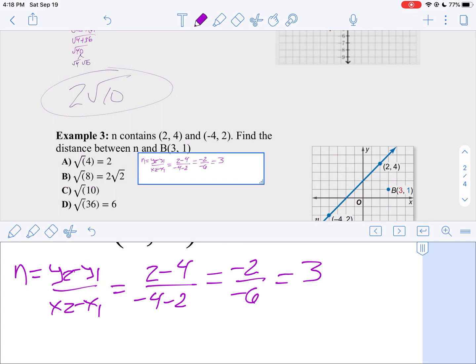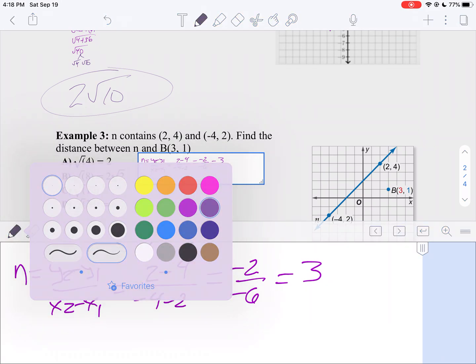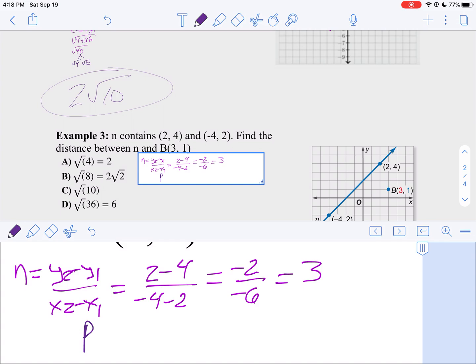But I don't really want that slope. The slope is 3. I want to look at the perpendicular slope. Let me change pen colors for that. So our perpendicular slope is going to be -1 over 3.